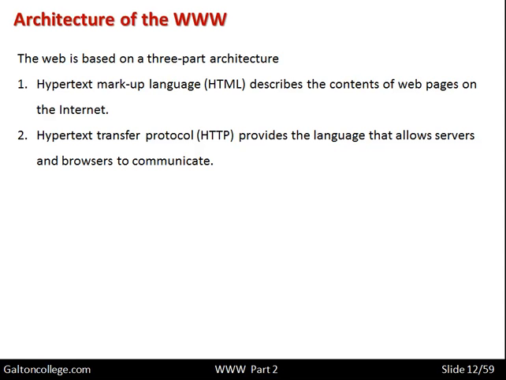The connection between the two of them is the hypertext transfer protocol, HTTP. So once we open the browser and type that in, the browser in a sense knows we're looking for a particular address. We're looking for something on the internet.